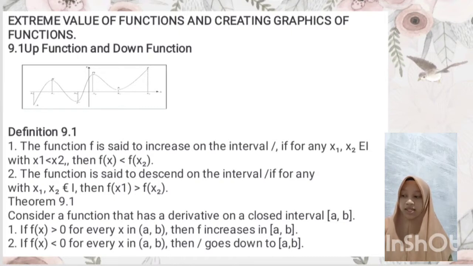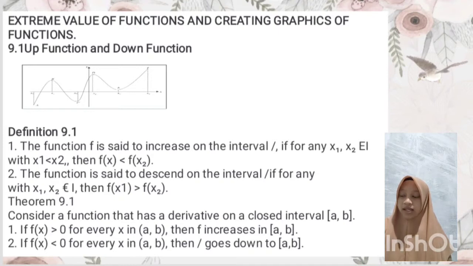2. The function is said to descend on the interval I if for any x1, x2 element I with x1 smaller than x2, then f(x1) is more than f(x2). Theorem 9.1. Consider a function that has a derivative on a closed interval [a, b]. 1.